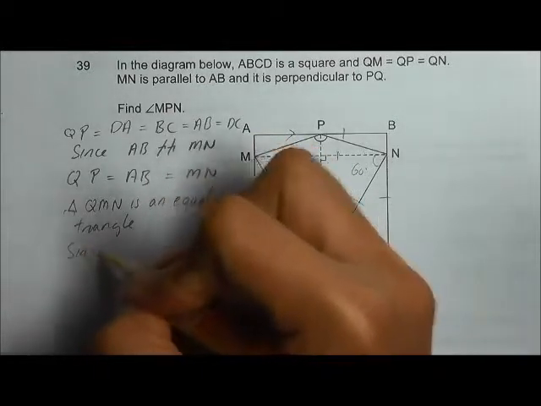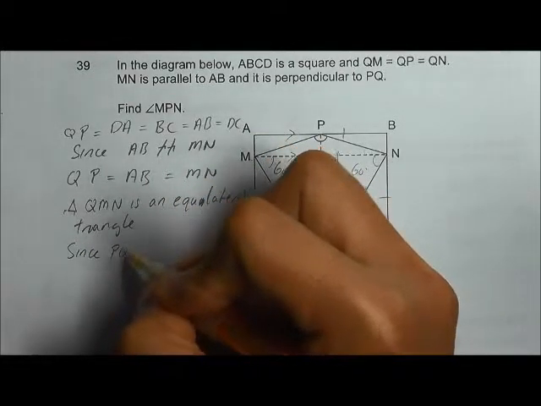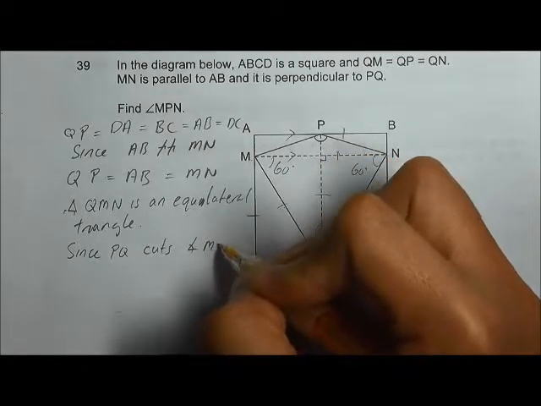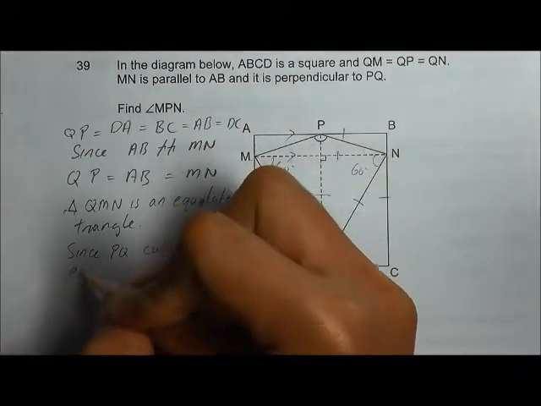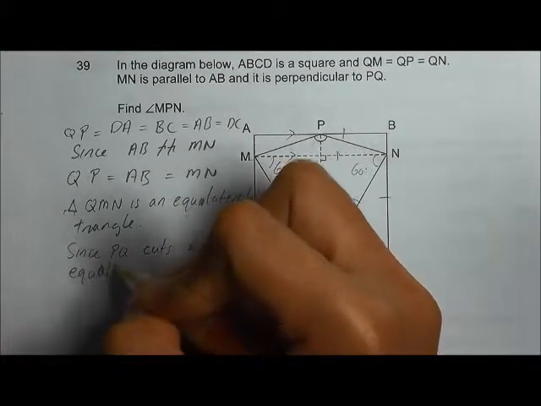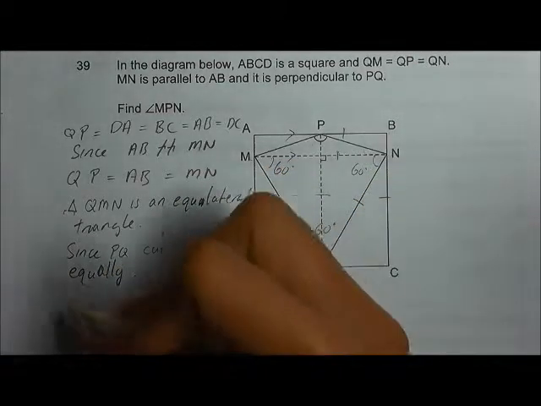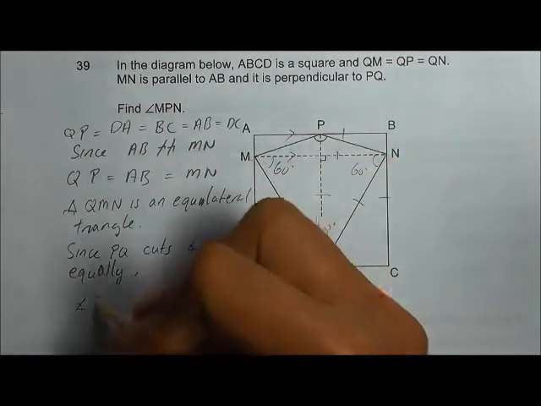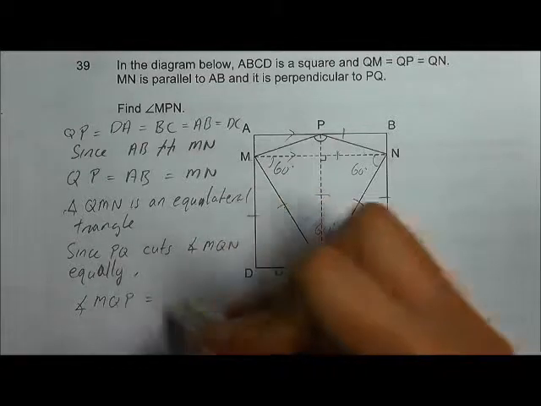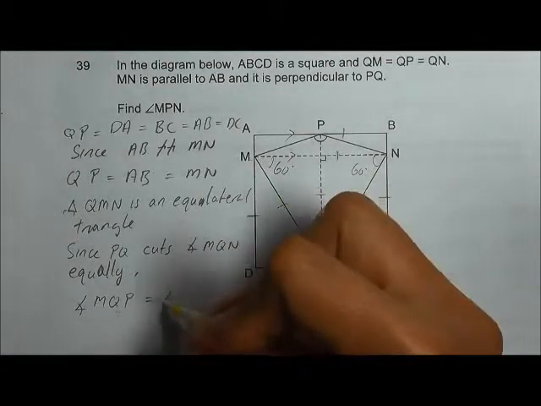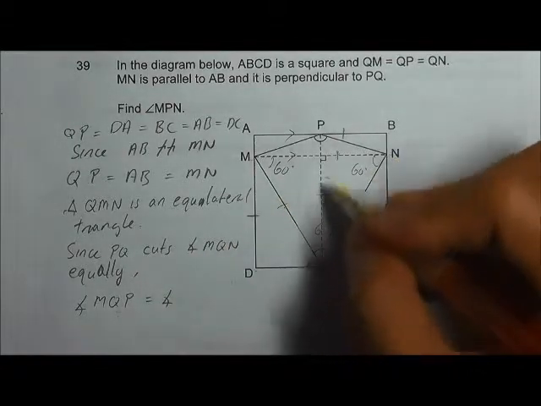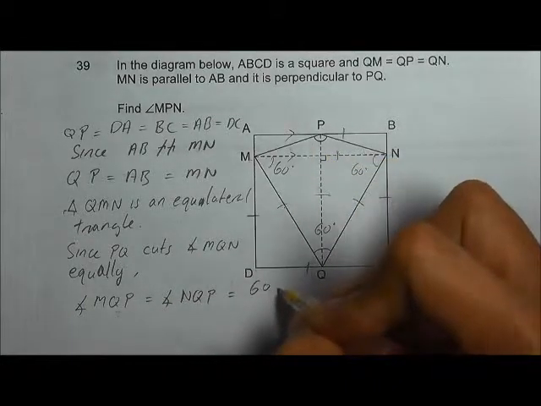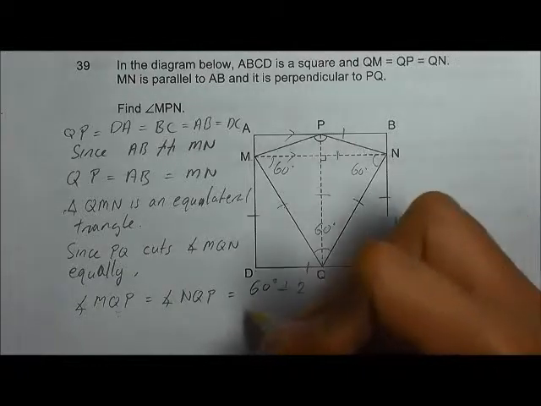Since PQ cuts angle MQN equally, we can say that angle MQP is equal to angle NQP, which is equal to 60 degrees divided by 2.